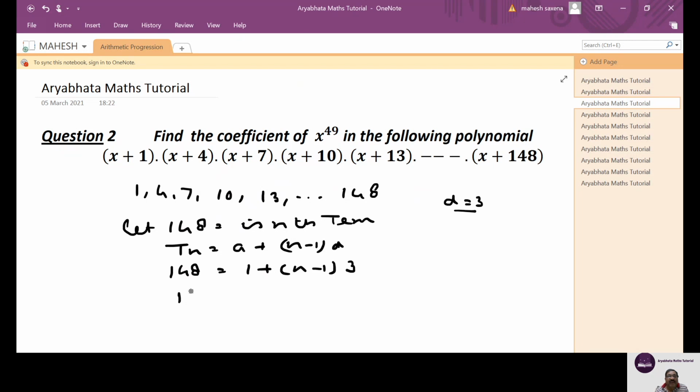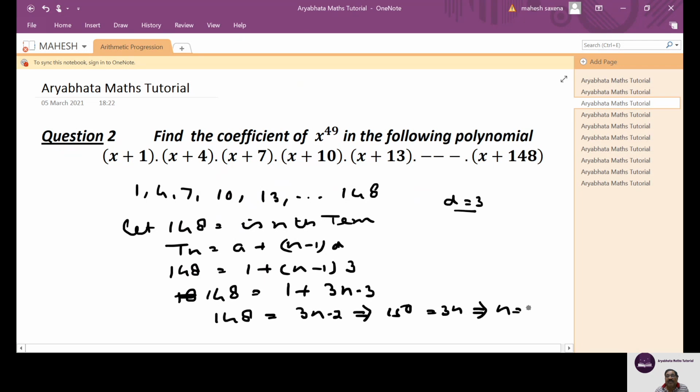That is 148 is equal to 1 plus 3n minus 3, that is 148 is equal to 3n minus 2. This implies 150 is equal to 3n, which implies n is equal to 50. Therefore, this polynomial has 50 linear polynomials.